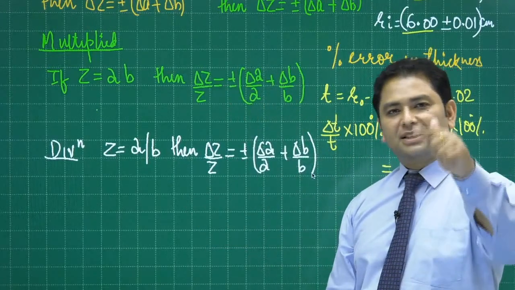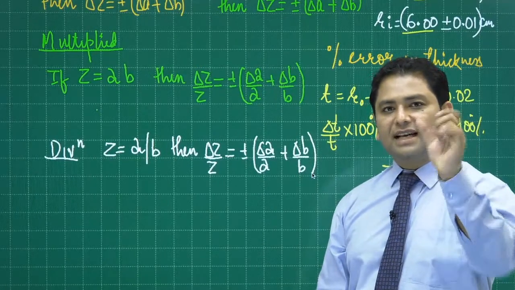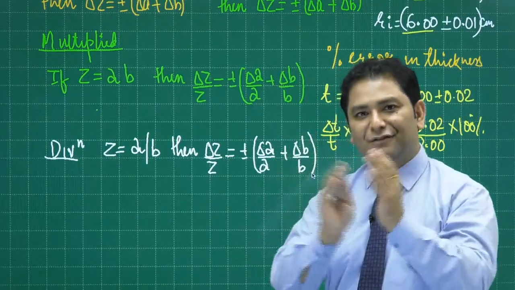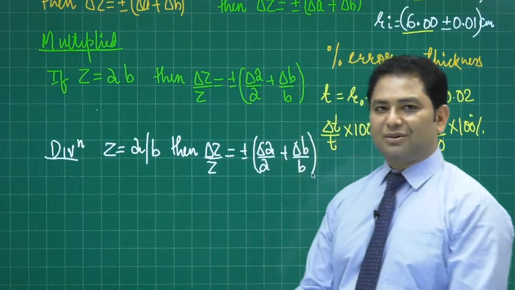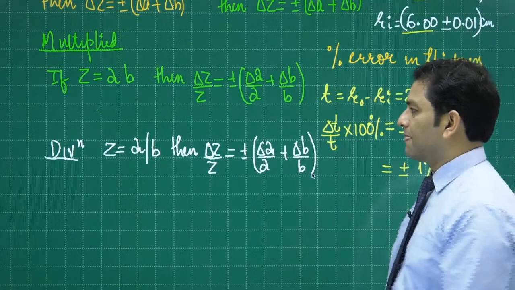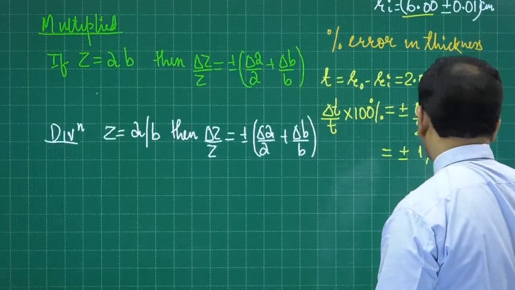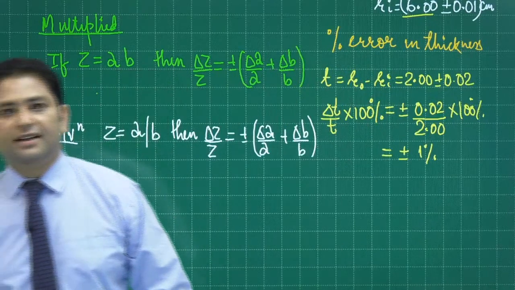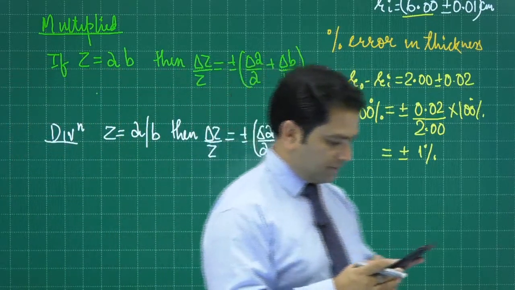Remember, for addition and subtraction, the least number of digits after decimal. For multiplication and division, the least number of significant figures involved in the calculation. So that's how it goes. That's on a straightforward count for multiplication and division. We'll extend it a bit further.